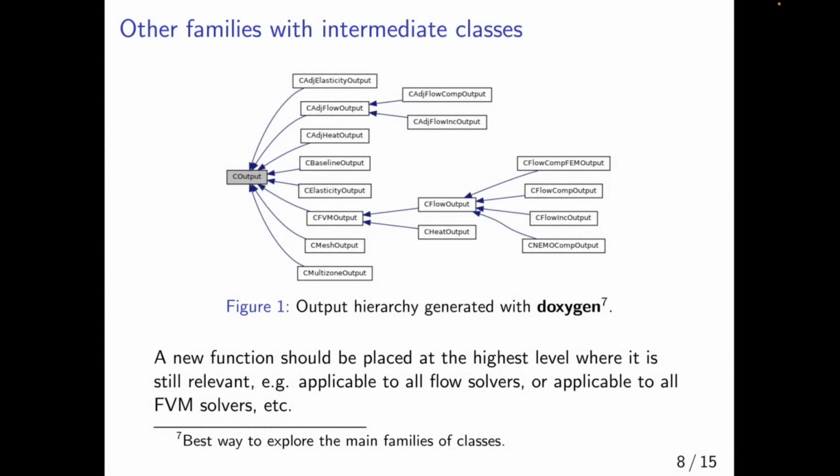Of the FVM class, you have the heat solver and the flow solvers. So there are a lot of common flow variables across these things. They all have velocity, for example.